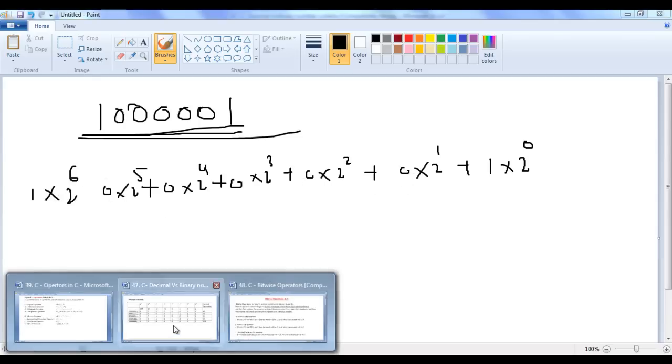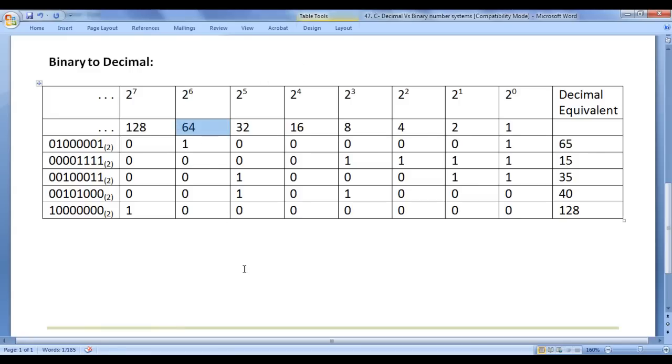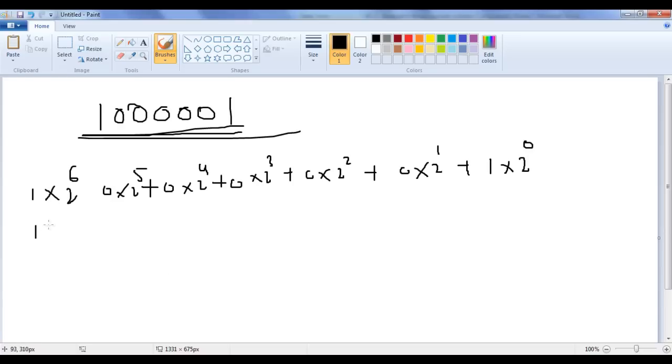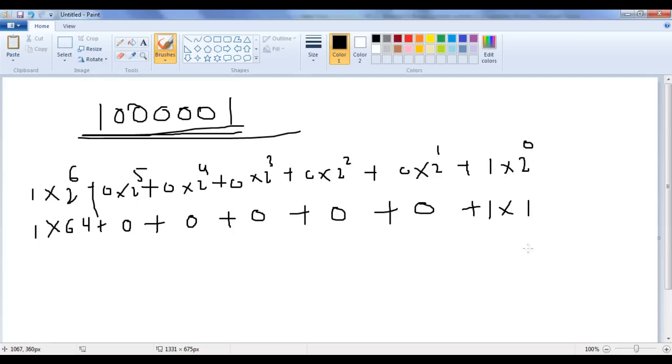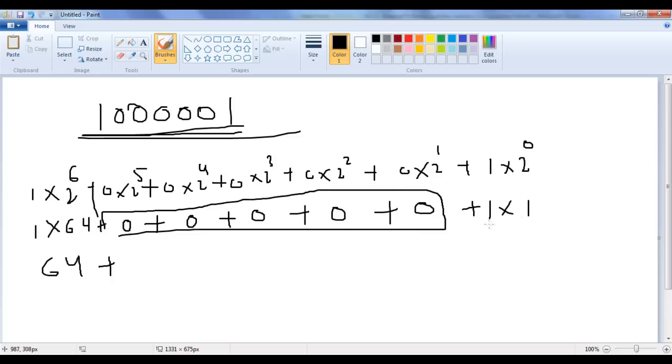If you see here, 2 to the power 6 is 64, right? So 1 multiplied by 2 to the power 6 is 64. 0 multiplied by anything is 0, plus 0 multiplied by anything is 0, and so on, plus 1 multiplied by 2 to the power 0 is 1, guys. 64 into 1 is 64, plus we can discard these zeros, plus 1.